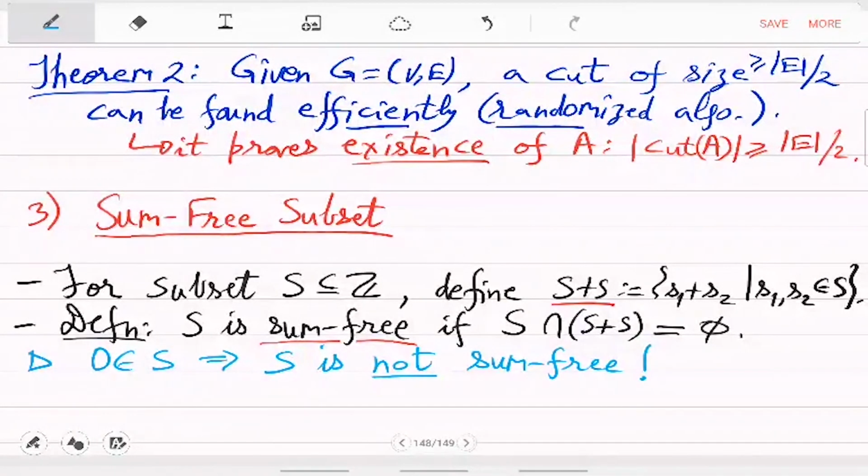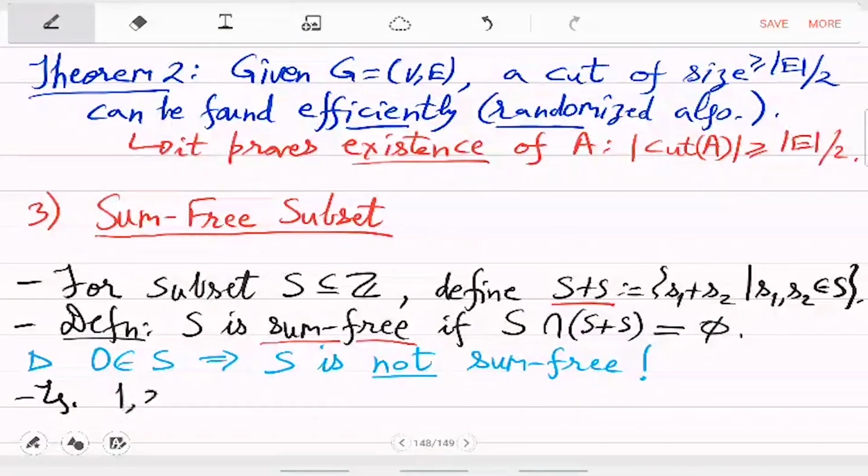Why is that? Well, simply because 0 plus 0 is 0. So, just having 0 immediately gives you something in common between S and S plus S. But obviously, even if 0 is not present, there might be other reasons why S is not sum free. So, let us see more examples.